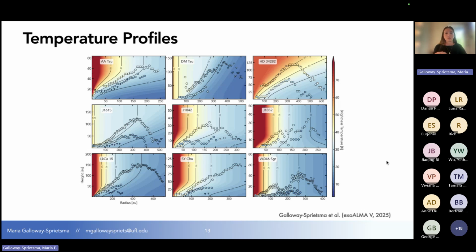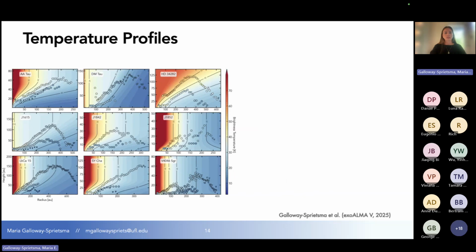And these disks are the ones that have well-defined molecular layers and high enough signal to noise within those layers to get a good sense of the temperature in each layer. You might notice that we are missing some information down at the midplane of these disks. And this is something that in the future I'd like to focus on, is really probing the midplane more accurately to get a temperature.